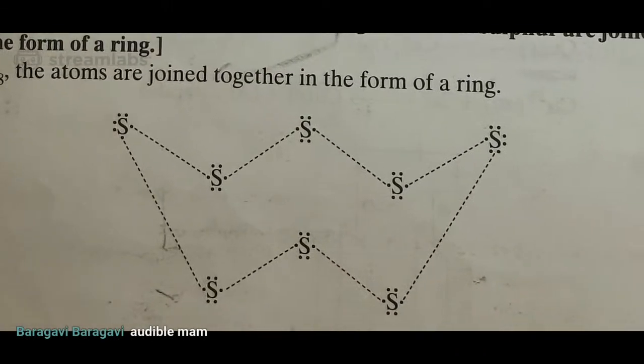Next, the S8 compound, S8, sulfur with 8 atoms. Sulfur has 6 valence electrons, and you just put 6 dots around the sulfur, and you are supposed to write the sulfur atoms in a wave shape.